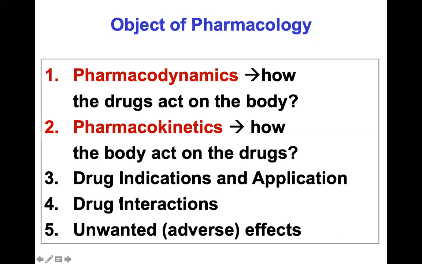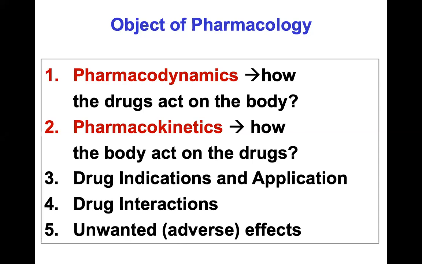Then the third part, which is very important, is that you should know the drug indication. Suppose I tell you about a drug that is aspirin, or paracetamol. Most of you must have had fever and then taken paracetamol.